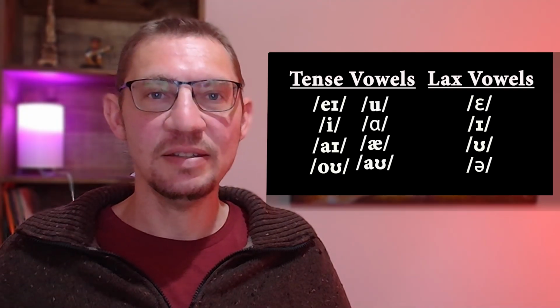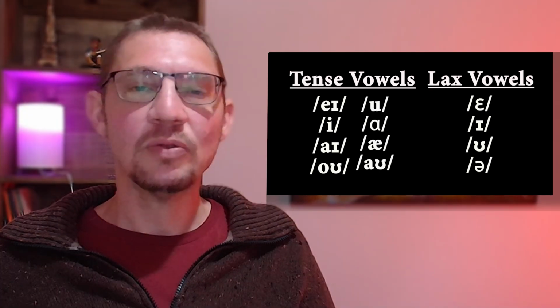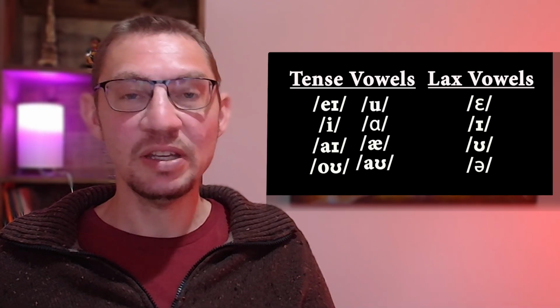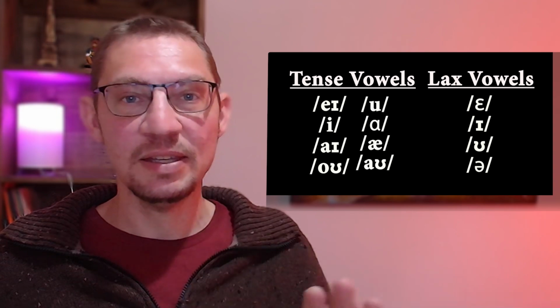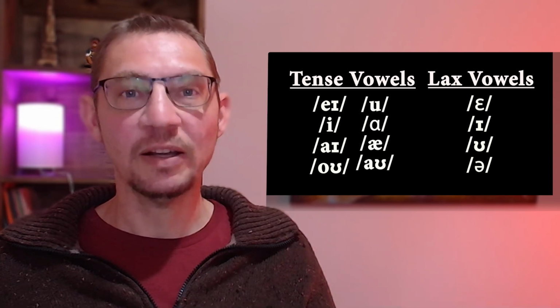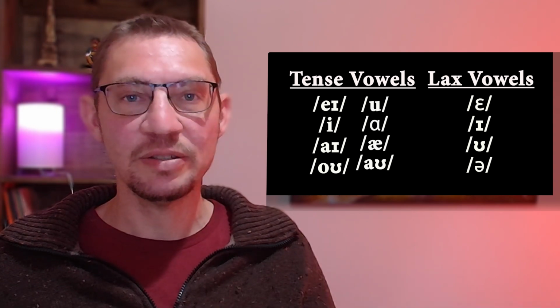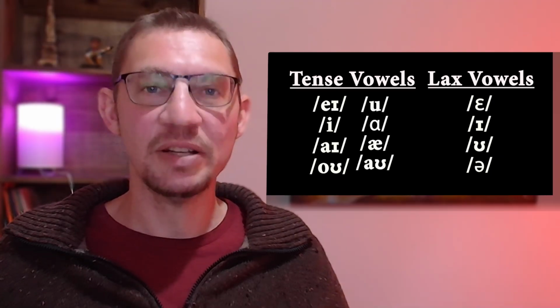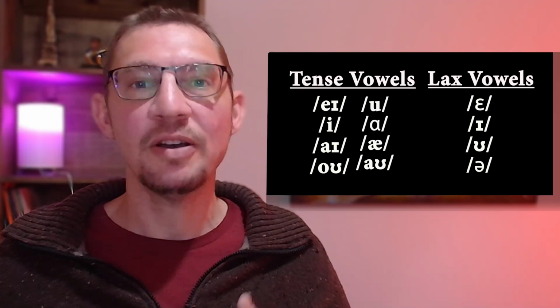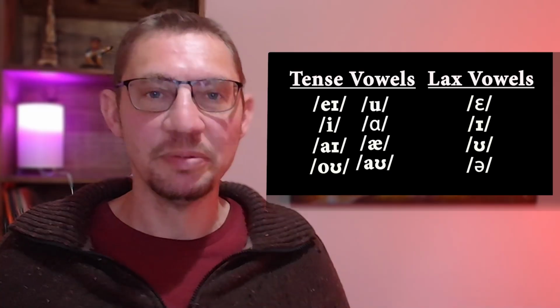And while this can sometimes be an issue for non-natives, keeping the A, E, ah sounds long in length in the way that Americans do, keeping the lax vowels short in length tends to be a much, much bigger problem and has a much bigger impact on people's accents.